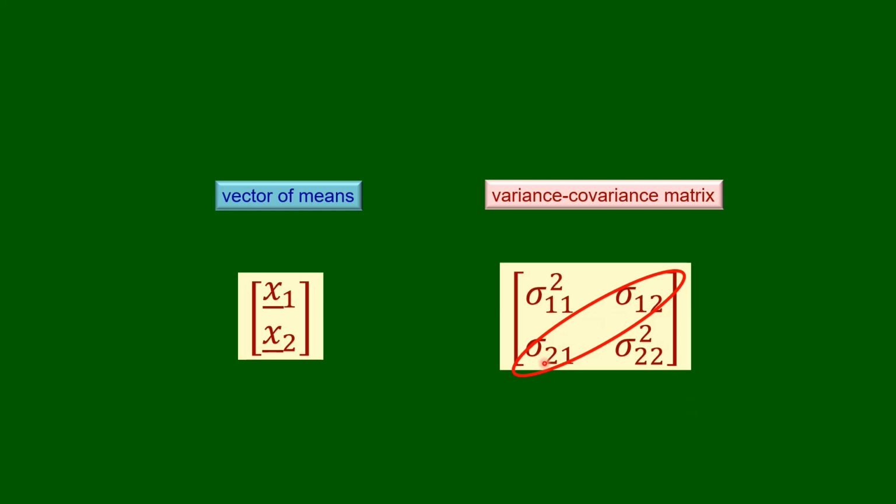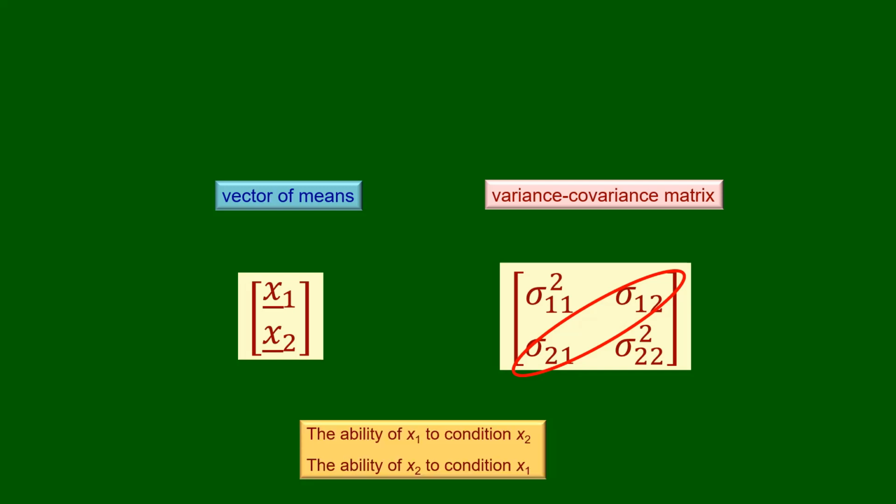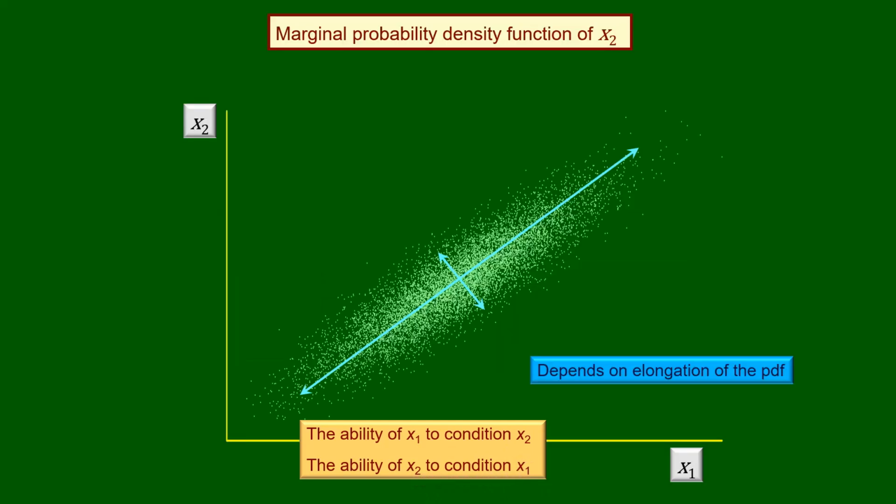But the magnitude of these off-diagonal elements of the covariance matrix tells me about the ability of x1 to condition x2 and the ability of x2 to condition x1. So it's these off-diagonal elements that tell me about the ability of one variable, knowledge of one variable, to condition the other.